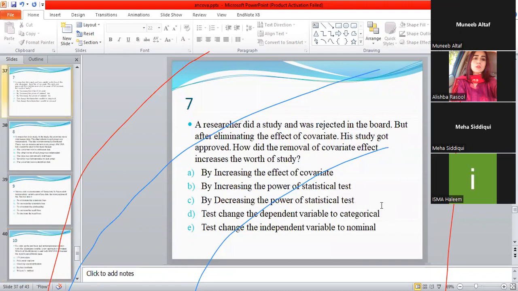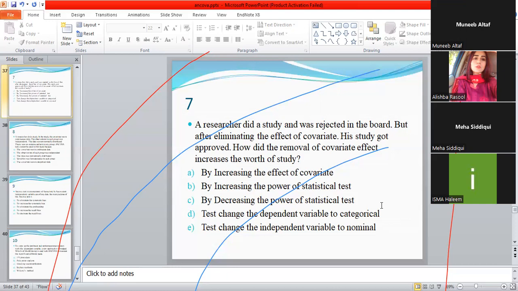Question number 7. A researcher did a study that was rejected by the board. But after eliminating the effects of covariate, his study got approved. How did the removal of covariate effects increase the worth of the study?